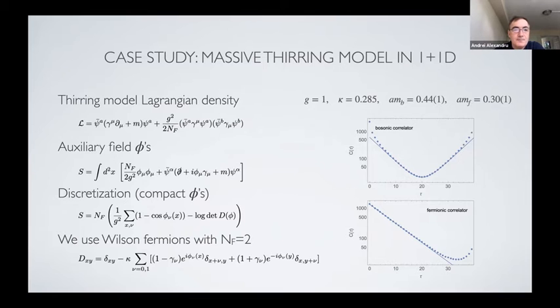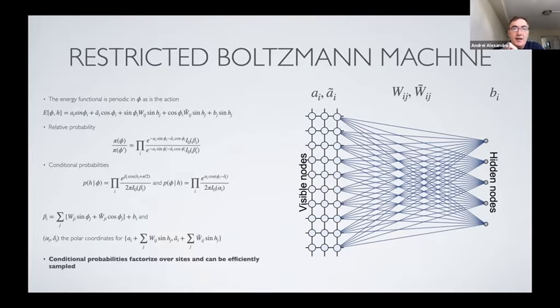So with this in hand, let me introduce the energy functional used for the restricted Boltzmann machine. The energy functional is periodic in the auxiliary fields phi. We used it this way because the underlying probability distribution function from the QFT is periodic in phi.